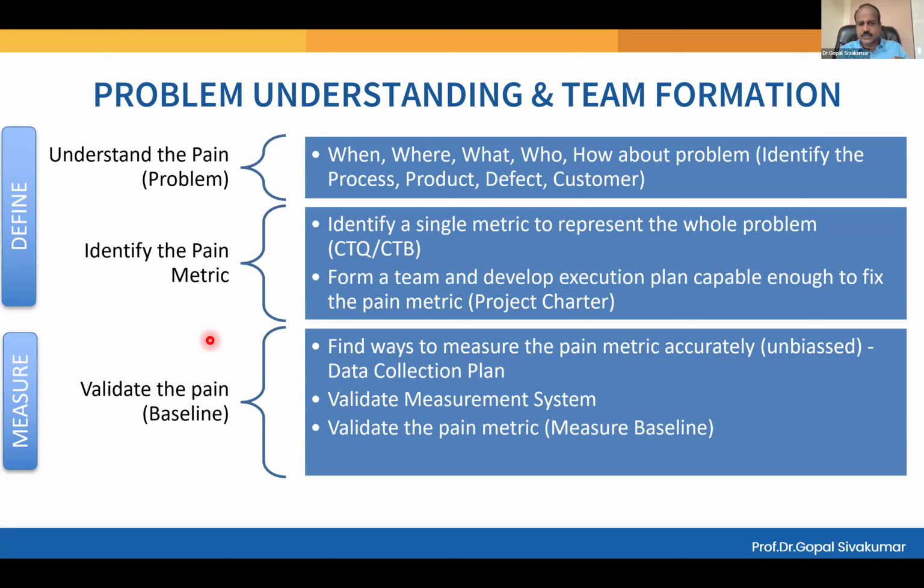And in the measure phase, we must ensure the project team uses a proper measurement system so that you get an accurate estimate of the baseline. What is baseline? The current state of the pain metric. You are saying overweight, overweight. So what is your current weight?